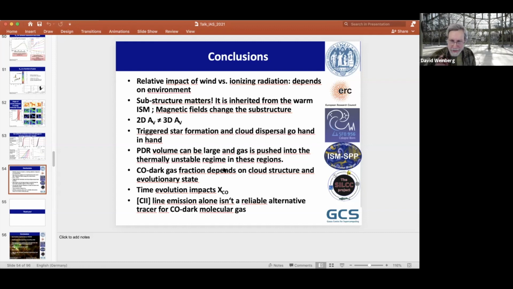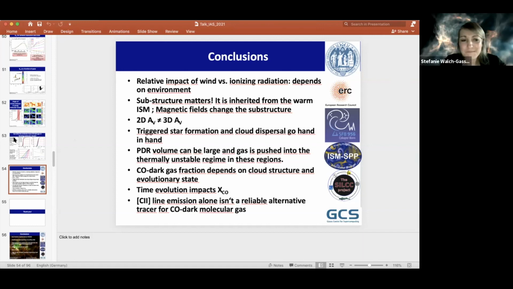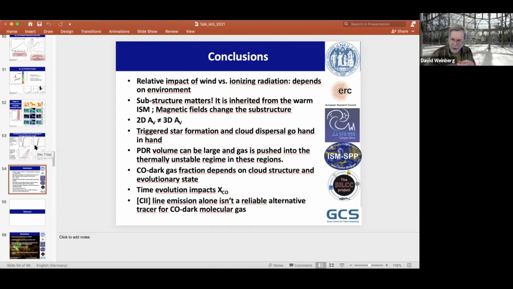I'd like to ask, I think this is Eve's question, but in my way of understanding, what about this 2D versus 3D? So if I'm a point in the cloud, then even if 90% of my sky area is well shielded, but there's one clear line of sight to a massive star, then it's not quite as bad as being totally unshielded, but almost.